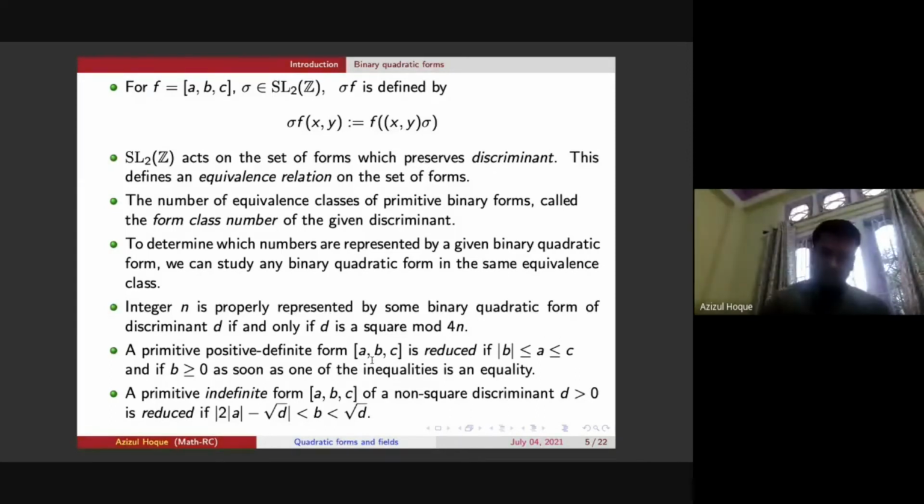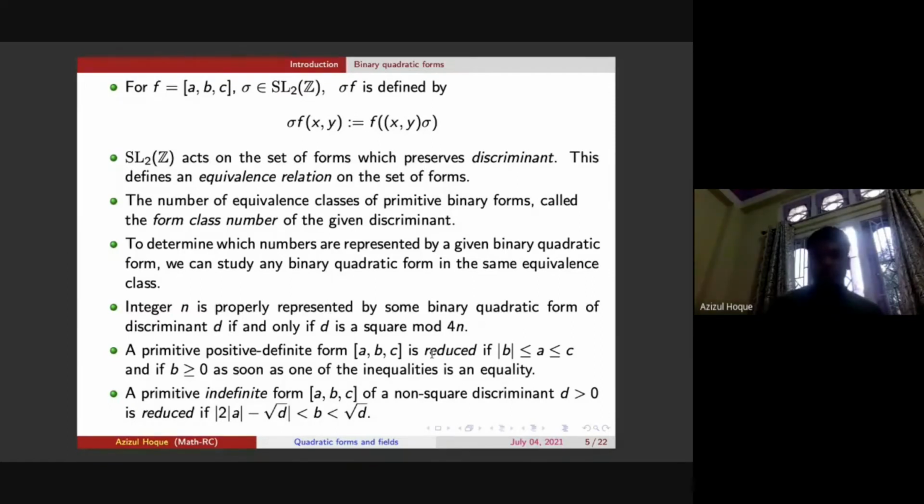It is well known, and one can prove, that the number of reduced forms with a fixed discriminant D is finite.